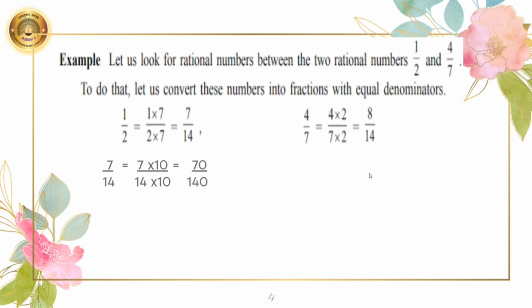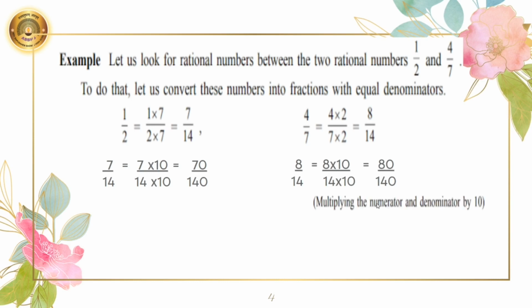So you get 7/14 is equal to 70/140. And let us multiply 8/14 also by 10. So you get 80/140. Now the denominators are same, and 70 and 80 are not consecutive numbers. You can think of many numbers between 70 and 80.